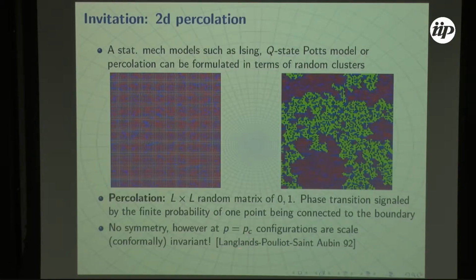In particular, in a very influential work by Langlands, Pouliot, and Saint-Aubin in the 90s, a notion of conformal symmetries for the percolation cluster was put forward, that eventually led to the development of SLE, etc. I will not discuss from the mathematical point of view this notion of conformal invariance that was discussed before.